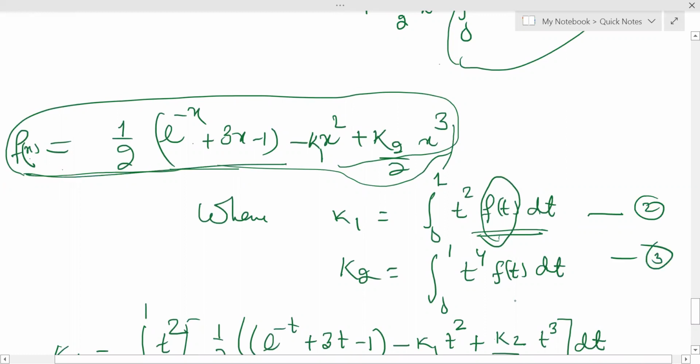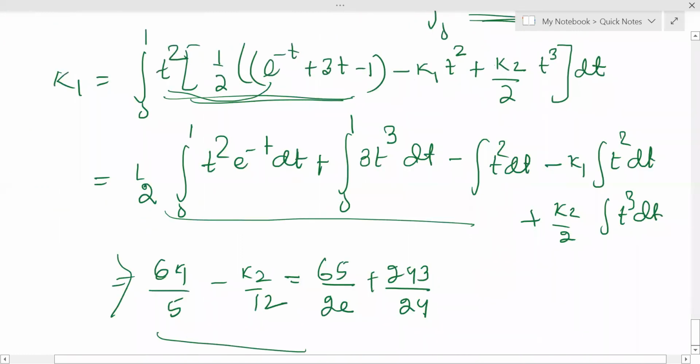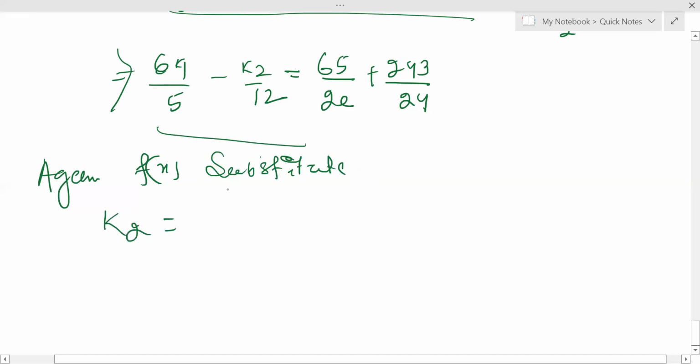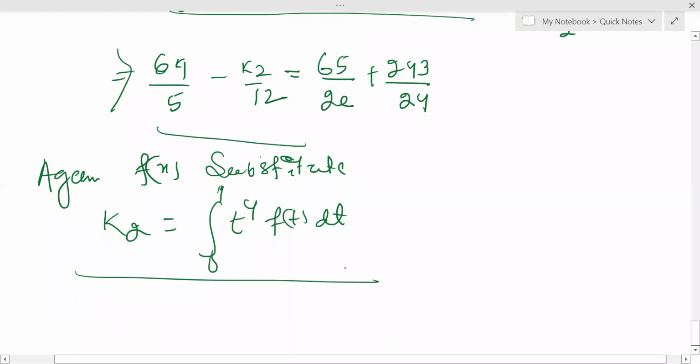Again f(x) substitute in equation 3. f(x) का वैल्यू 3 में फिर सब्स्टिट्यूट कर देते हैं. सब्स्टिट्यूट कर देंगे f(x) का वैल्यू 3 में, तो क्या हो जाएगा ना, k2 आ जाएगा. k2 is equal to t to the power 4 f(t) dt. तो यहाँ पे सब्स्टिट्यूट करने के बाद और एक सॉल्यूशन आ जाएगा.